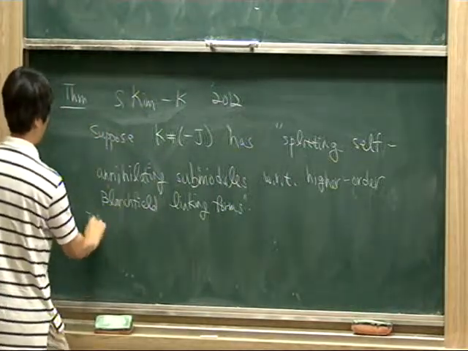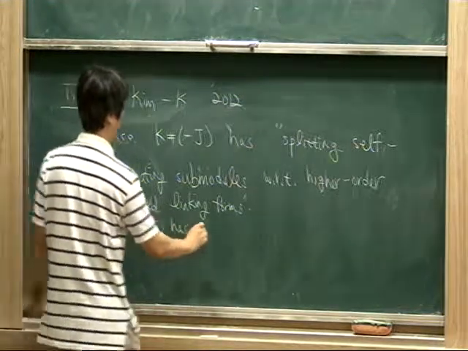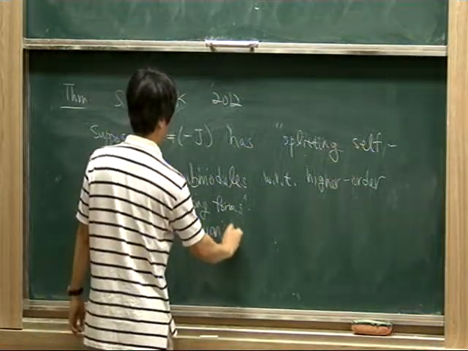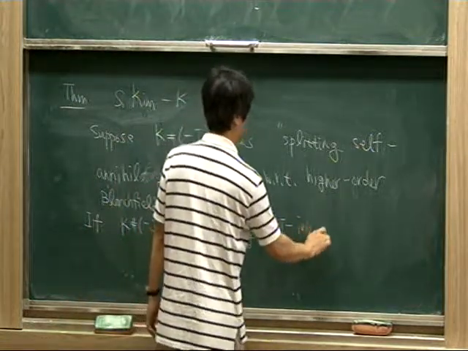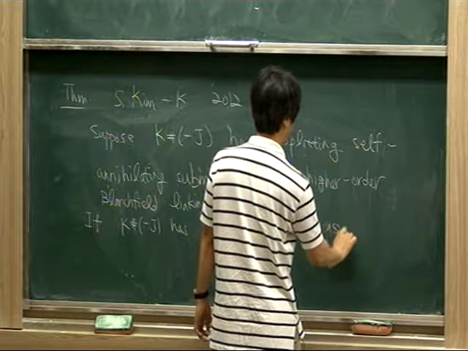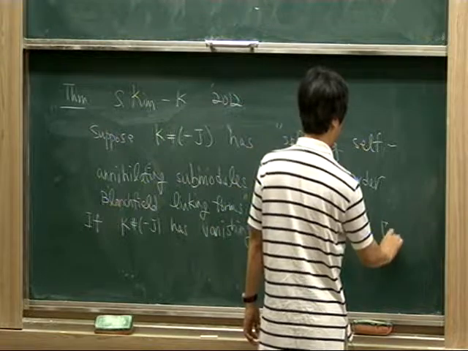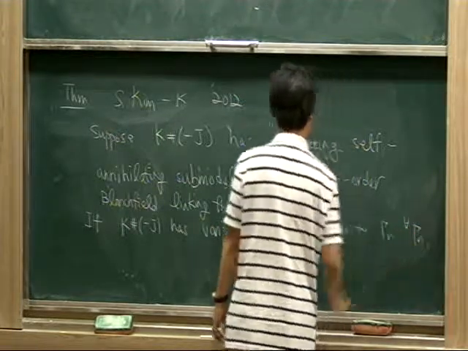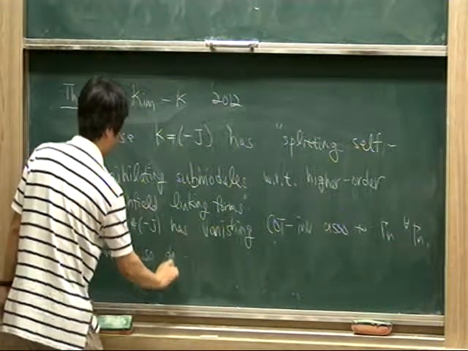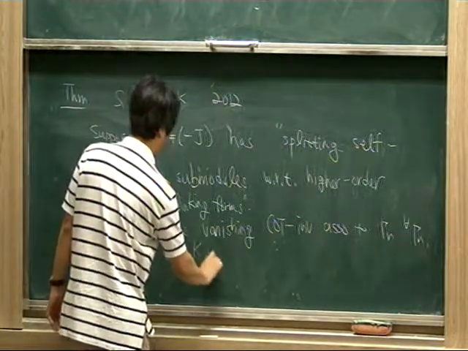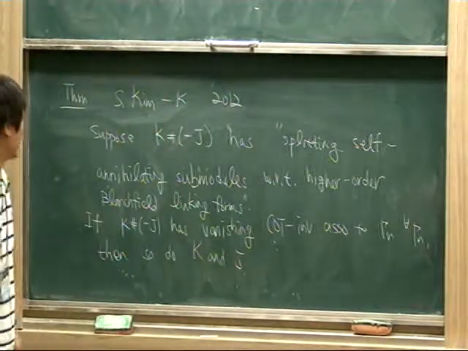And if now K connected sum minus J has vanishing Kaplan-Teichner invariants associated to gamma n for all gamma n, then so do K and J.